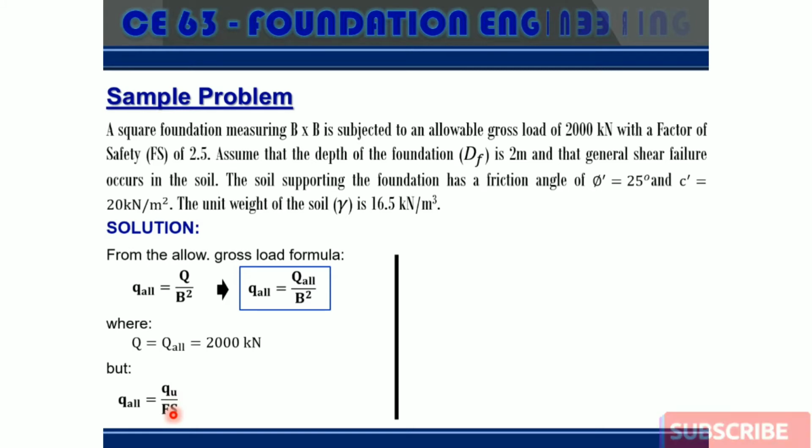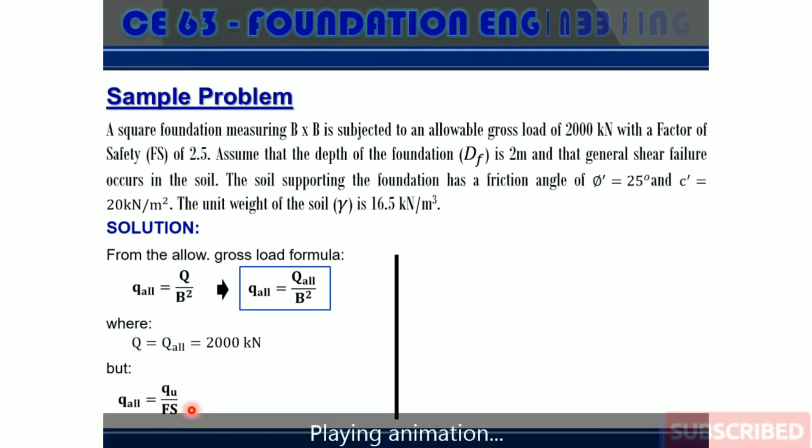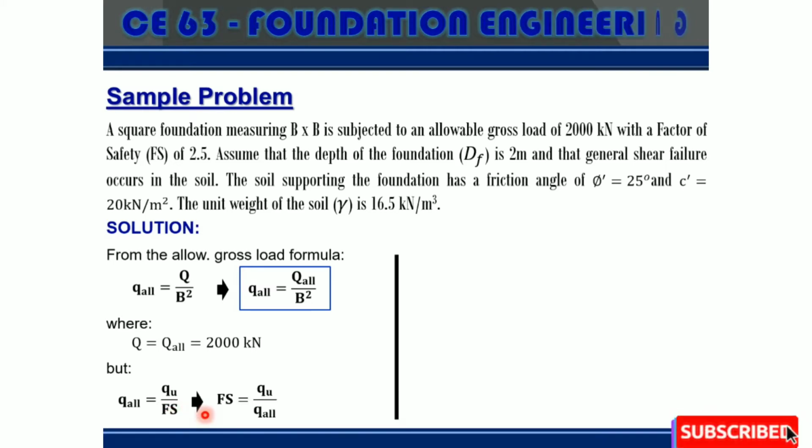By this we can say that the factor of safety is equal to small q ultimate over small q allowable.